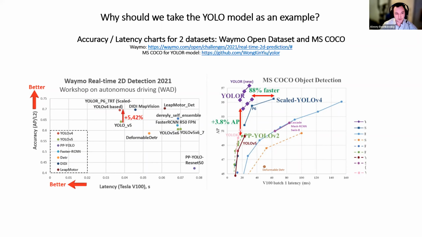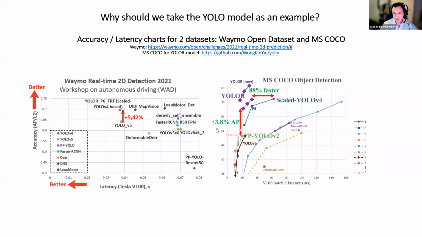And as we can see, YOLOR, that is scaled YOLOv4 based, is the fastest and the optimal neural network in terms of speed and accuracy. It is more accurate than YOLOv5 by 5.4%, and just slightly less accurate than DD-Map Vision or LeapMotor Det, but much faster. That's why it's more useful.